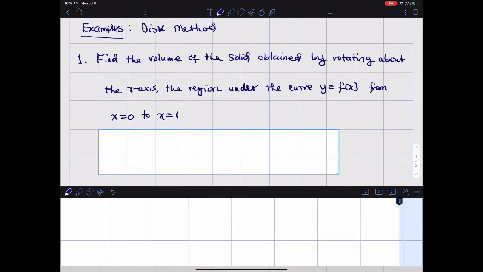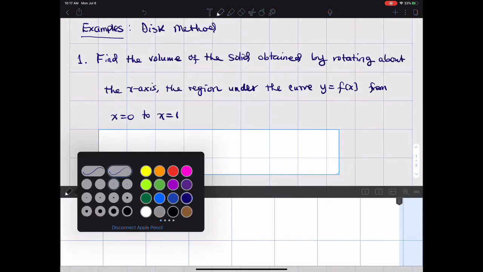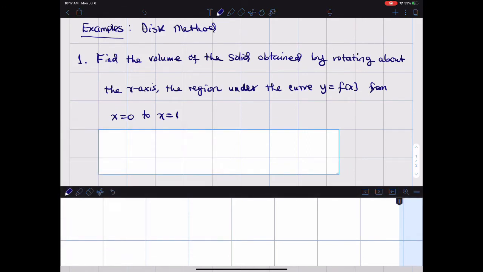So again, we now know the setup. All we have to do is visualize it properly. So we have this. We have the curve.